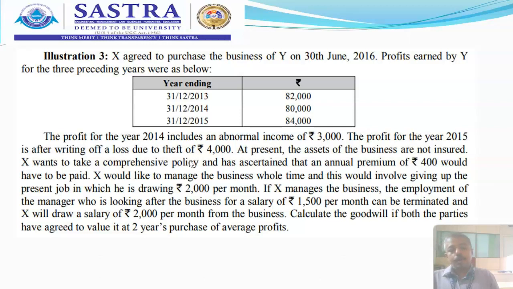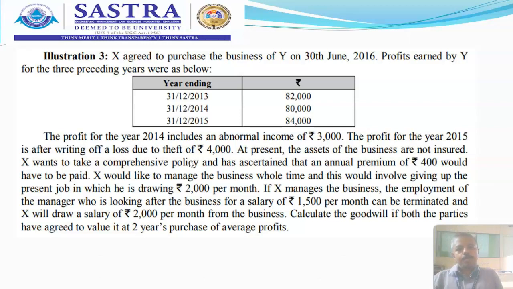So that loss has to be added back. Our loss has already been subtracted; that 84,000 has arrived after subtracting the loss due to the theft. But in future it is not going to be. So you need to add that loss back to the profit so that you can get the actual profit before the loss. So 88,000.